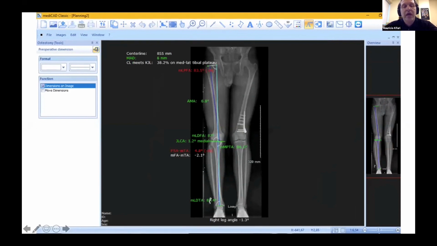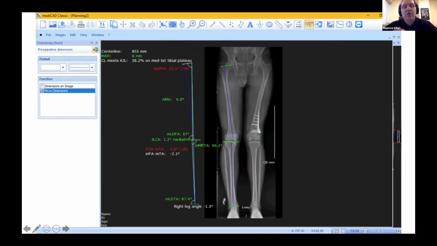And every angle which is red is an abnormal angle. It's an angle that's not completely normal or is outside of that interval range that I just showed you. And you're going to know exactly where the deformity is by looking at those angles. If the deformity is in the proximal tibia, in the distal femur, distal tibia, proximal femur, or if it's extra-articular.